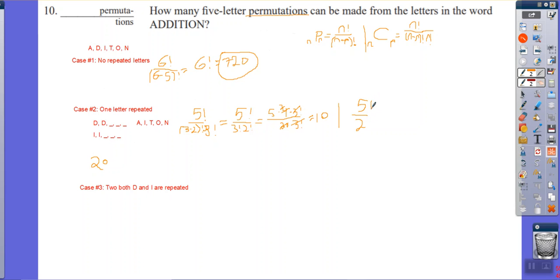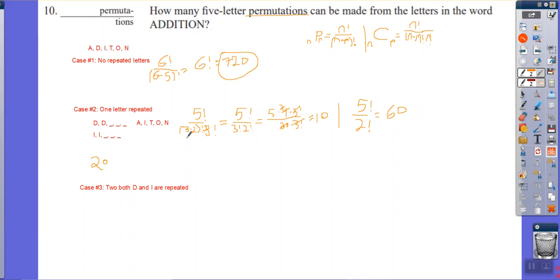So that's 5 factorial divided by 2 factorial, and that is going to give me 60. 5 times 4 is 20, times 3 is 60, and then the 2 gets canceled out by the 2 in the denominator. All right, so now we're looking at 10 times 60, so that is 600 different ways of getting double D's.